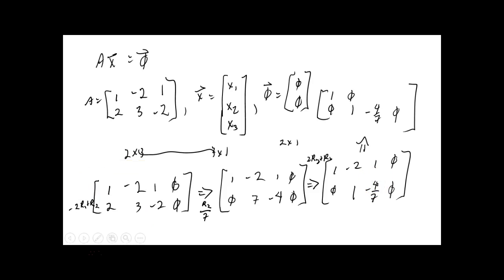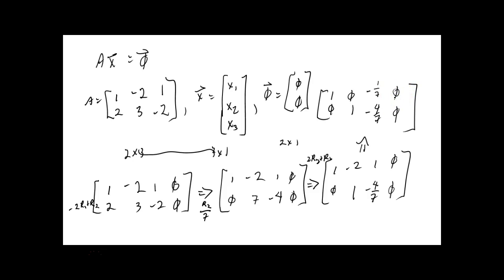So that becomes negative 8 sevenths plus 7 sevenths, and then the last one stays a 0.